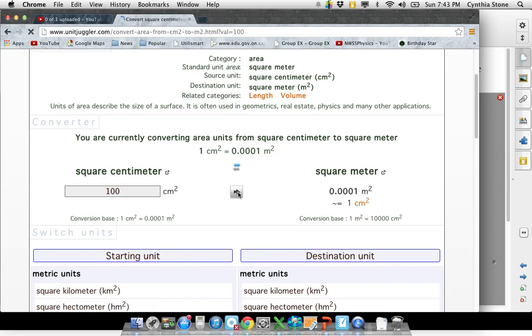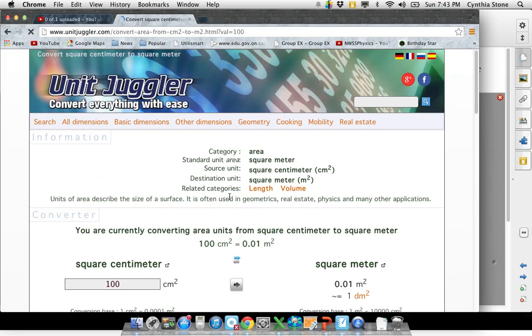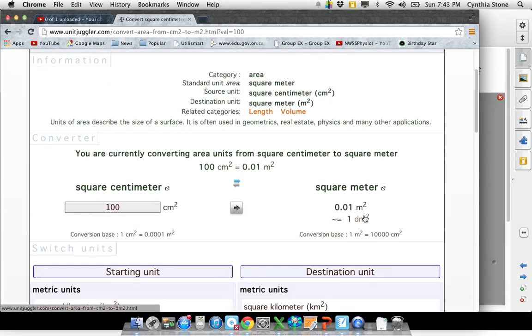But there it is, it's 0.01. It's not divided by 100. It's divided by 100 twice. The reason is that each time you change centimeters to meters, you're dividing by 100. So when you're doing area, you're dividing by 100 twice.